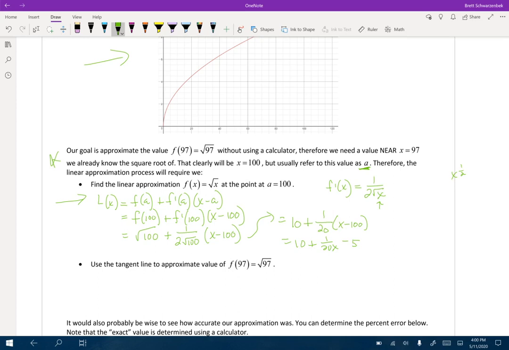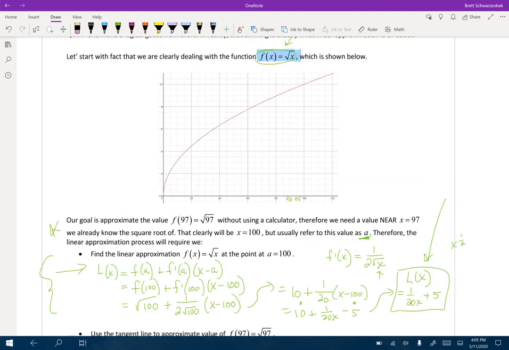So finally, combining these, we end up with 1/20th x plus 5. So our L of x, our linear approximation, is the line 1/20th x plus 5.